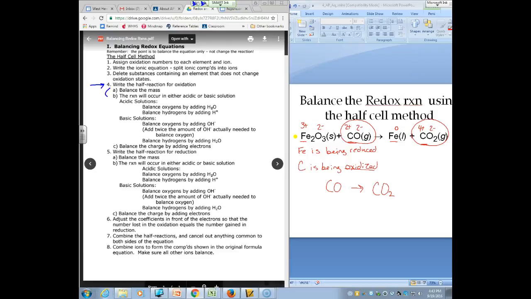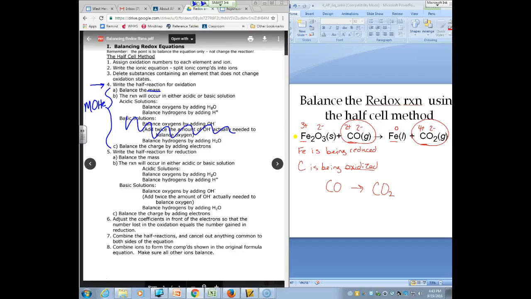Then, this A through C here, I call this mode. And it's just kind of a shortcut for all the things that we're going to be doing. I have something better for basic solutions. And this is all in acidic solution. That's how it's going to start. You have to balance the mass, and that's anything that's not oxygen or hydrogen.